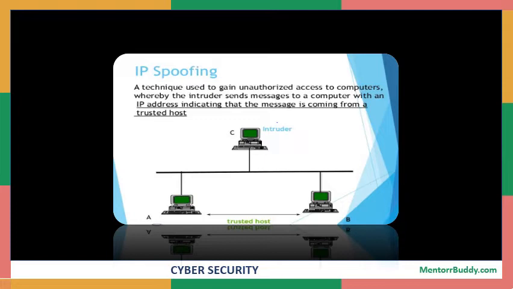So what the receiver thinks is that the message belongs to a trusted host. But what actually happens is that the message is coming from an IP which is being masked to any other IP.